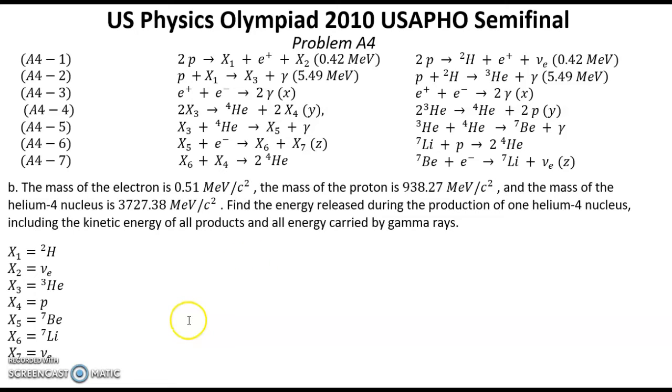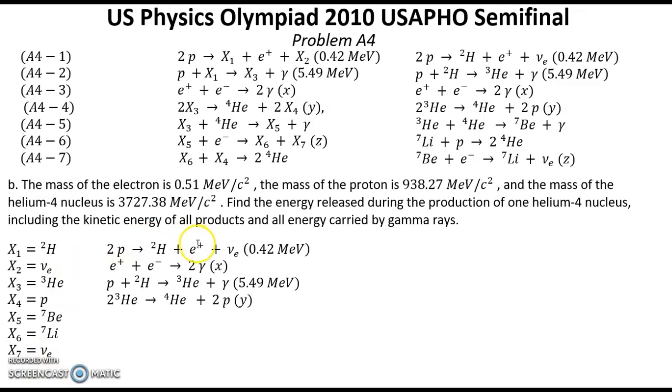First, we can rewrite the reactions which are creating this helium-4 nucleus. That will be 4 reactions. First one, second, third, and fourth.